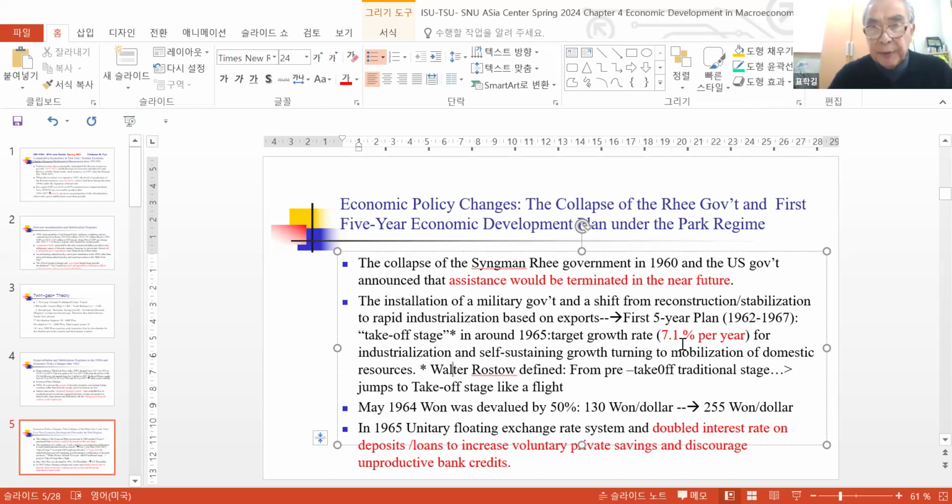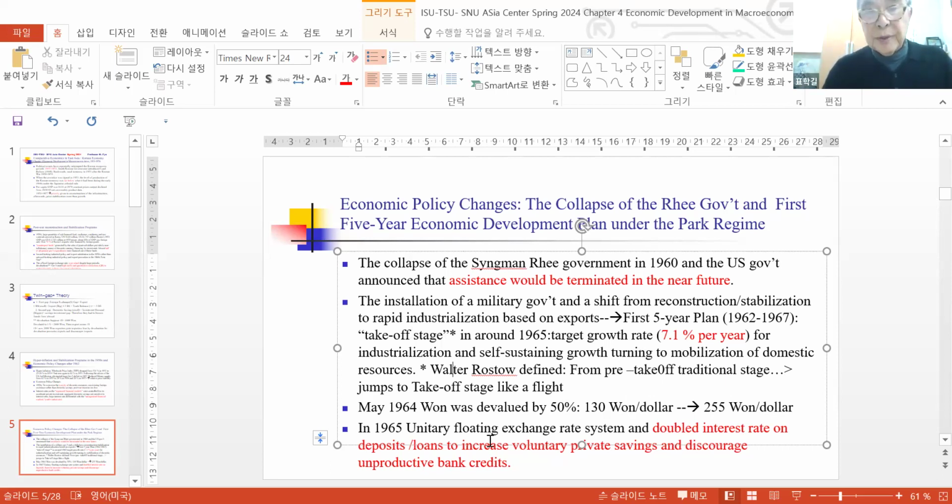What did I say? If 50% devalued, then exporters gain 50%, importers lose 50% margin, right? So devaluation helps Korean exporters. Korean exporters try to earn more dollars, helping takeoff stage go through.